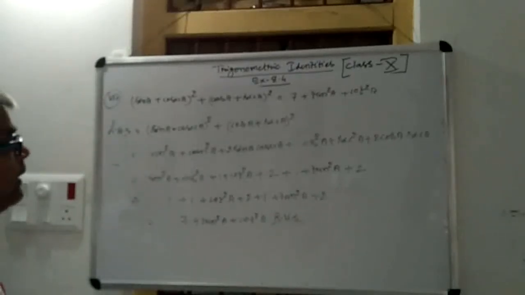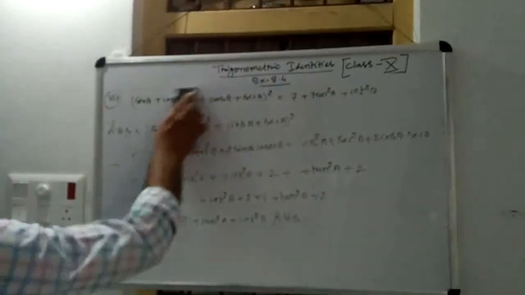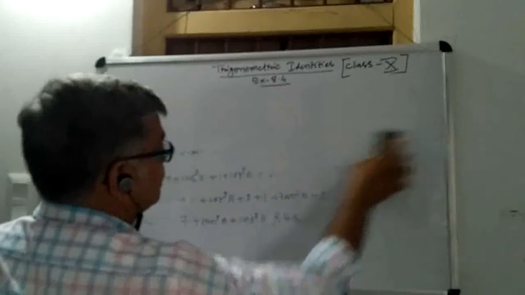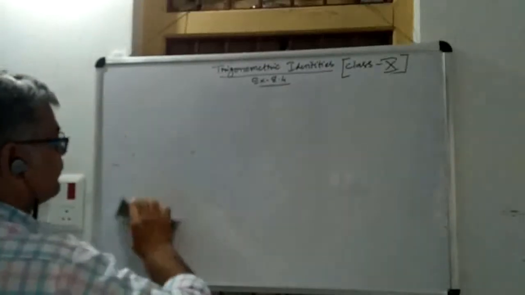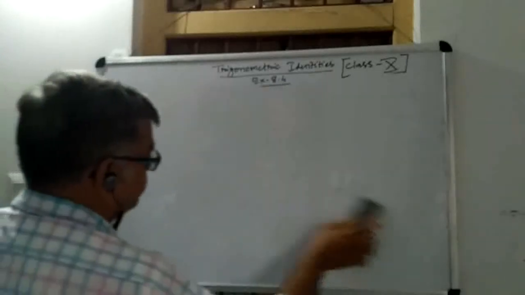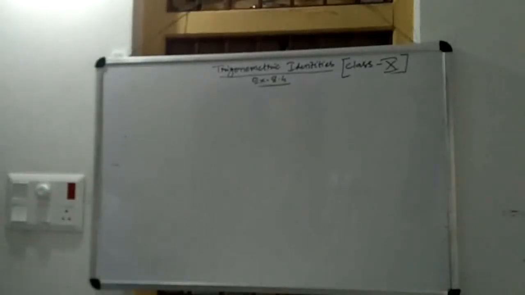Now let's see the next one. The next identity, that is identity number 9.